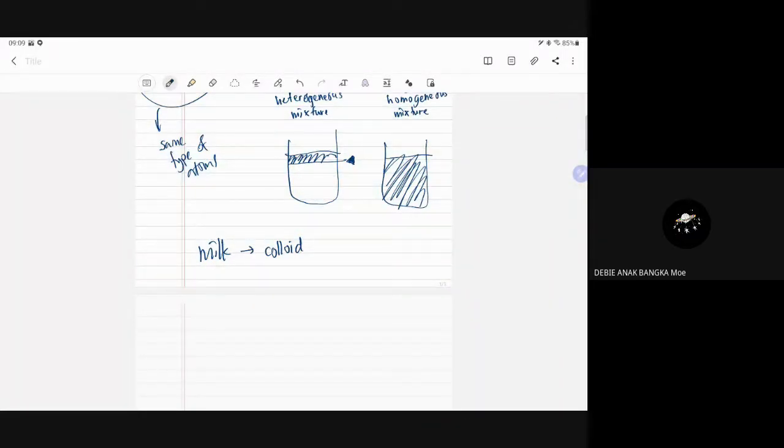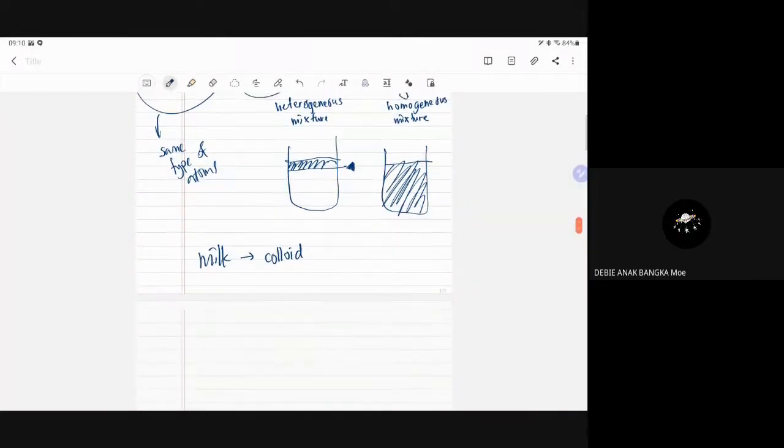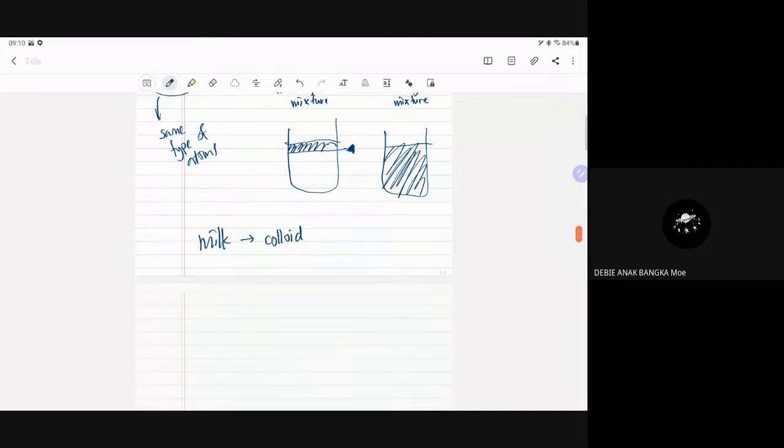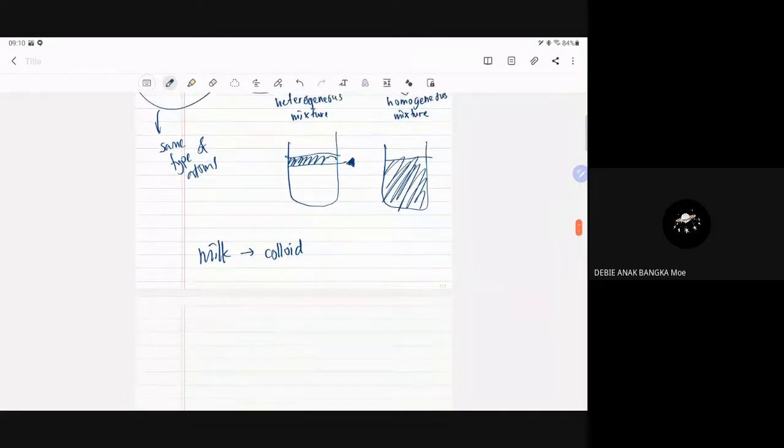Kalau kita tengok secara mikroskopik, kita guna mikroskop, kita akan nampak dalam milk tu ada solid yang tidak larut. Dia panggil sebagai milk solid lah, ataupun casein, protein, apa semua tu. So milk itself kalau kita tengok secara mata kasar nampak macam homogeneous, but it's actually not.